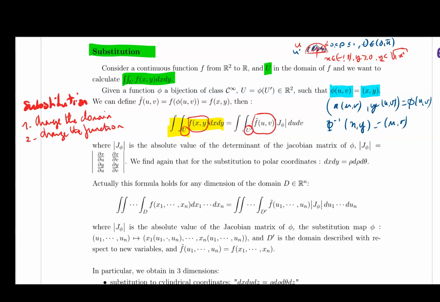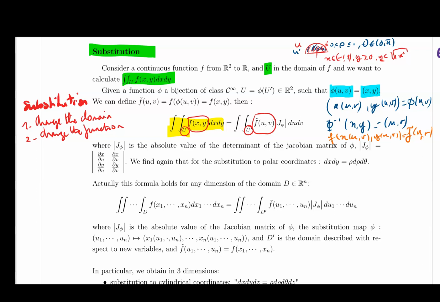It's usual to write a new function: if x depends on (u, v) and y depends on (u, v), that gives you a new function that we call f tilde, a function of two variables u, v. Or if you express u and v as functions of x and y, you have the same relation. So second, change the function.